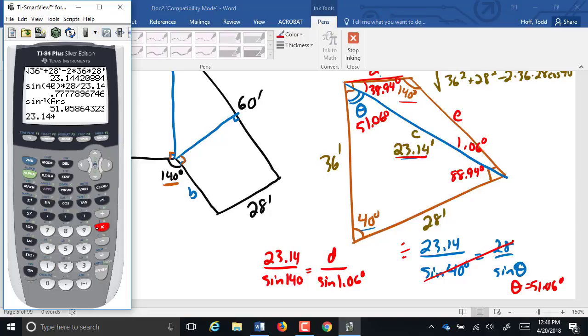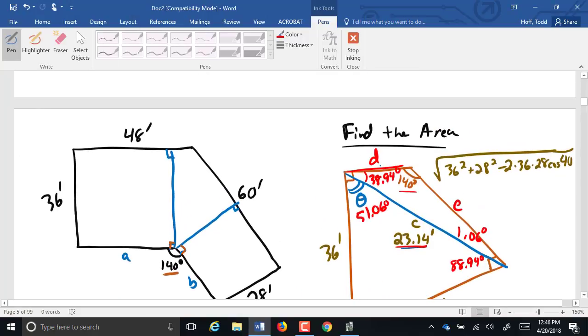Cross multiply and divide: 23.14 times the sine of 1.06 divided by the sine of 140. So we get, that's just a little 0.67 feet. So it's only 8 inches.